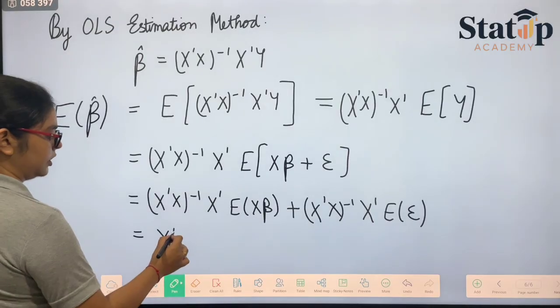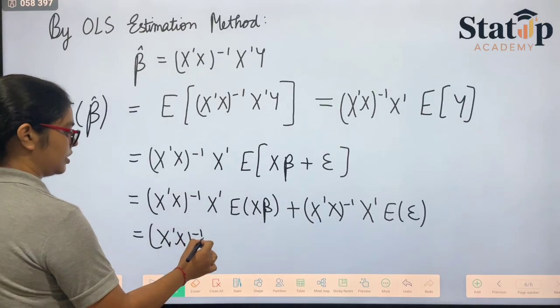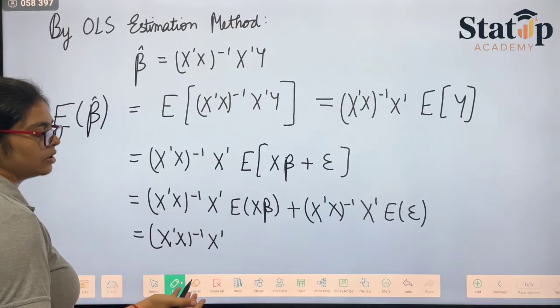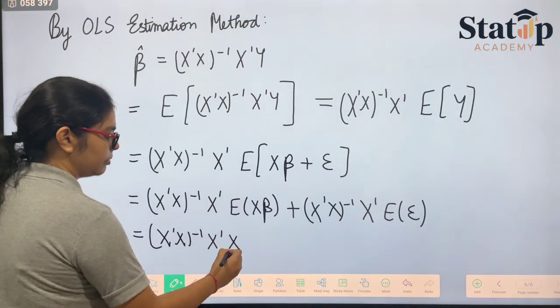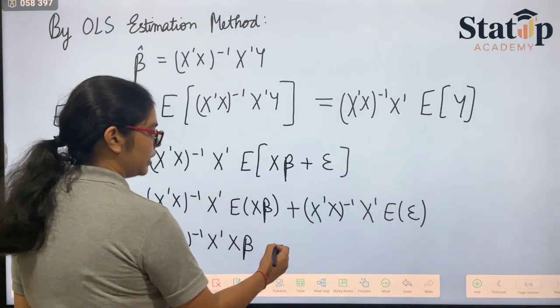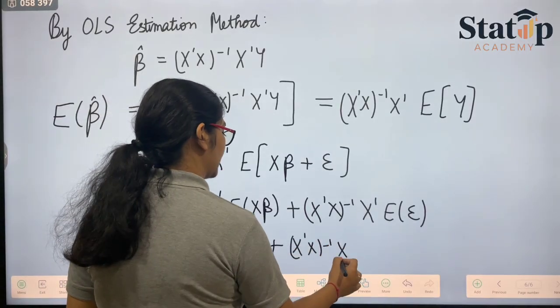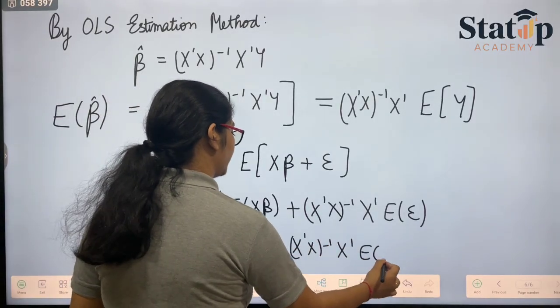On solving further, (X'X)^-1 X' E(Xβ) is constant, so it will come out of the bracket. It will be Xβ only plus (X'X)^-1 X' E(ε).